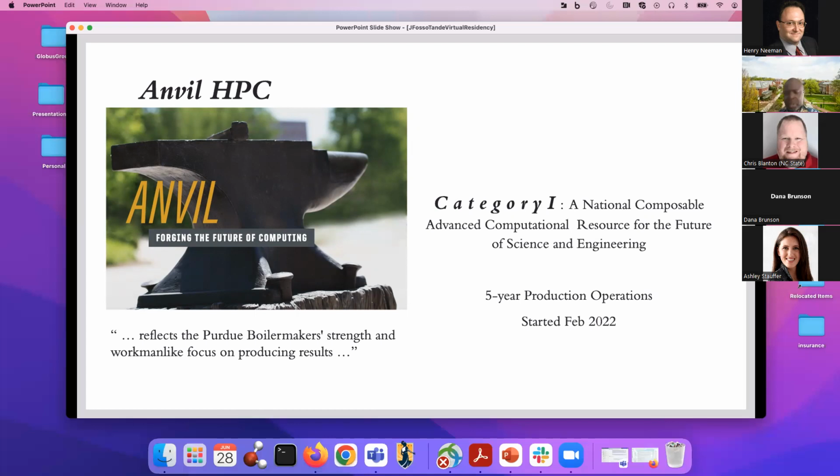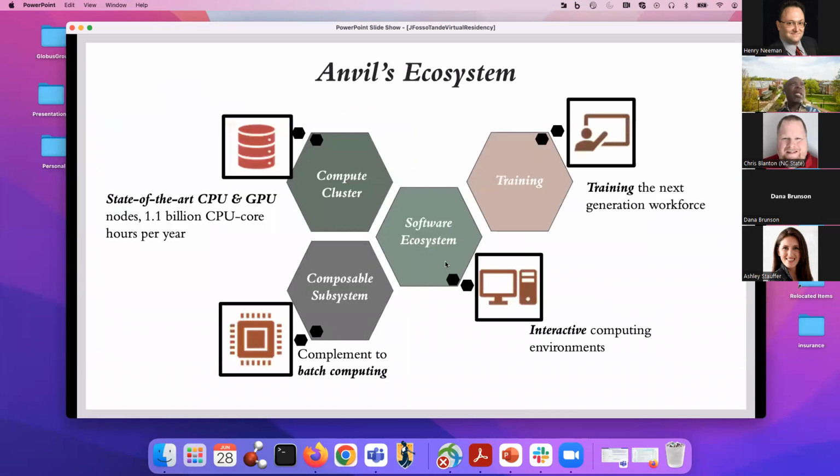So the Anvil HPC ecosystem consists of state-of-the-art CPUs and GPUs. It has a composable system, a software ecosystem, training for users, and an interactive computing environment.